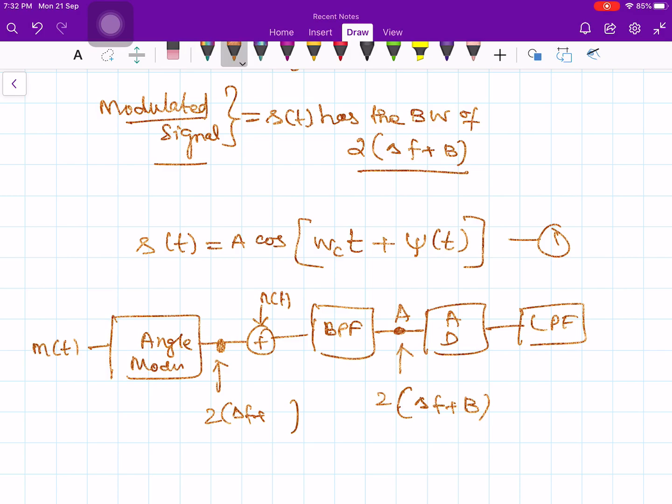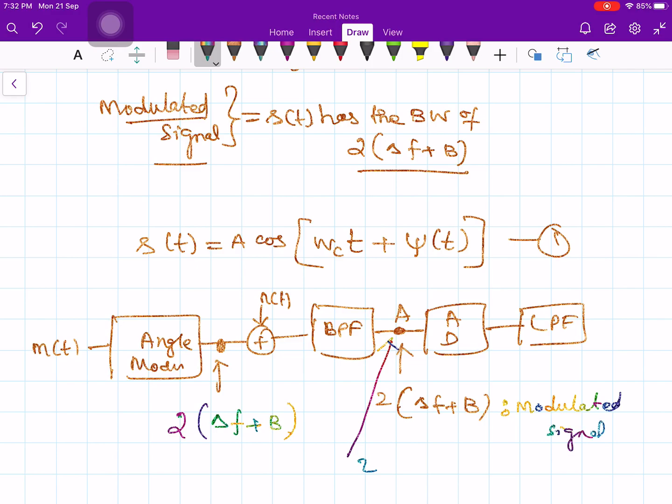B hertz, 2 times delta f plus b. And here the noise also has the bandwidth of, this is modulated signal at point A, and the noise also 2 times delta f plus b, your narrow band noise. Both of them have the same bandwidth.